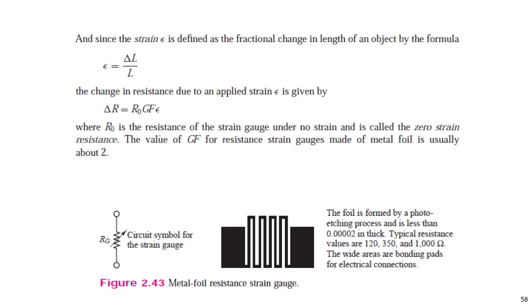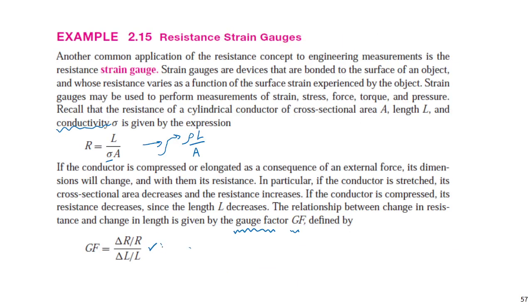And we have epsilon, the fractional change in length, delta L divided by L, which we call strain, epsilon. Then the change in resistance due to the applied strain, delta R, is the original R multiplied by the gauge factor and by epsilon, by this formula.